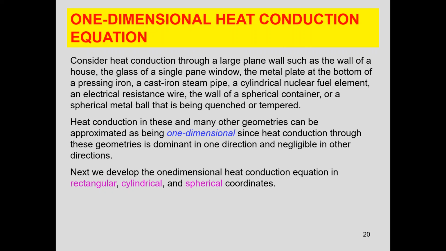Heat conduction in these and many other geometries can be approximated as being one-dimensional since heat conduction through these geometries is dominant in one direction and negligible in other directions.